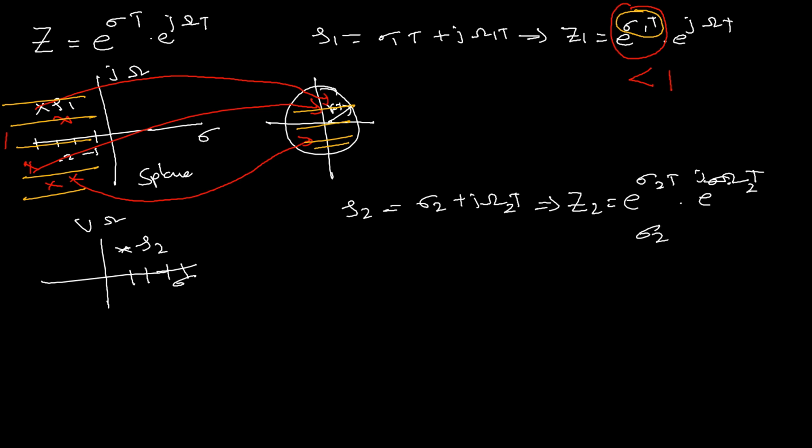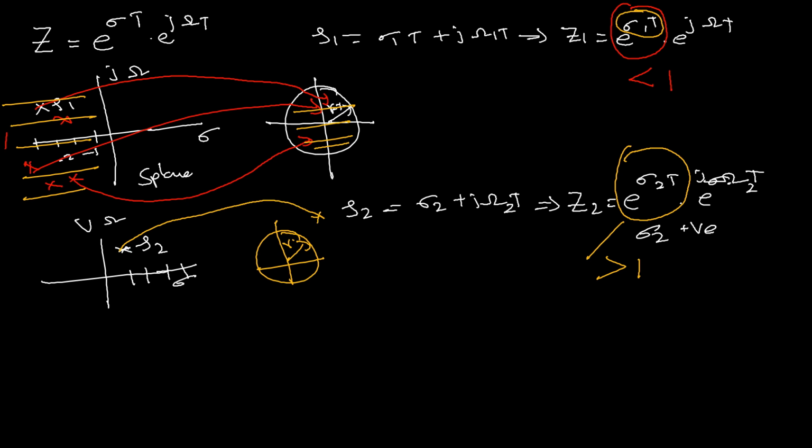So the overall value e power sigma 2 T is always greater than 1. Taking the unit circle, r equal to 1, this pole maps to outside the unit circle. Similarly, any pole in the right-hand side of your S plane will occupy a location outside the unit circle.